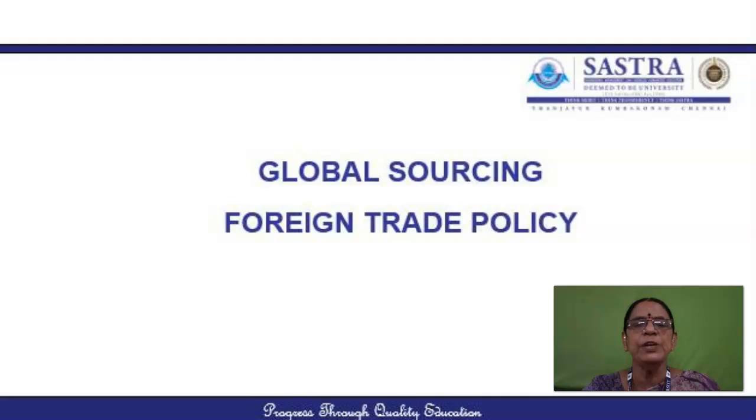FTP 2015-20 provides a framework for increasing exports of goods and services as well as generation of employment and increasing value addition in the country, in line with the Make in India program. The policy aims to enable India to respond to the challenges of the external environment, keeping in step with a rapidly evolving international trading architecture, and make trade a major contributor to the economic growth of the country and also its development.